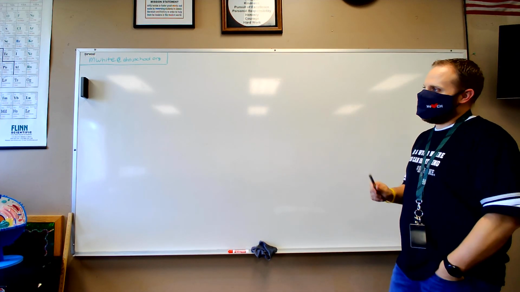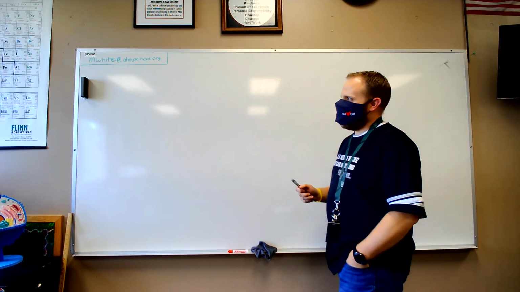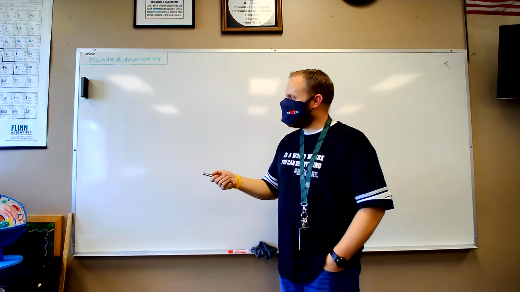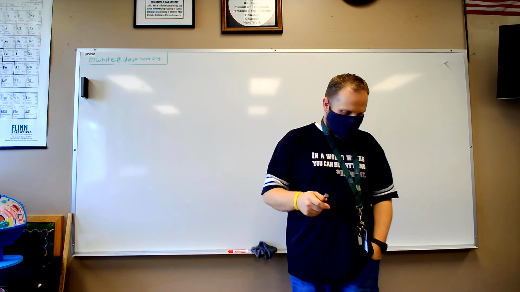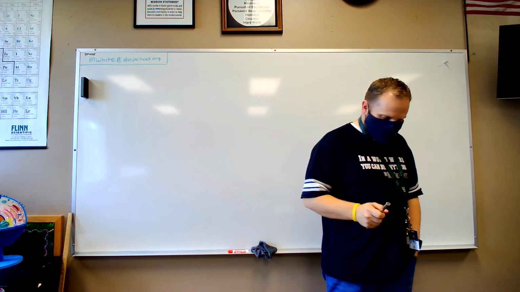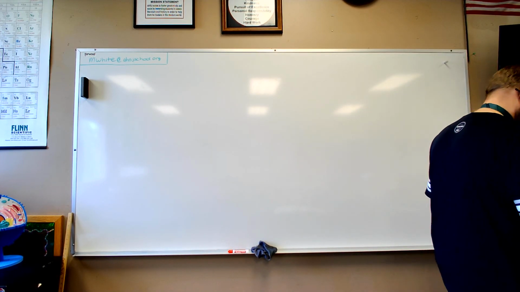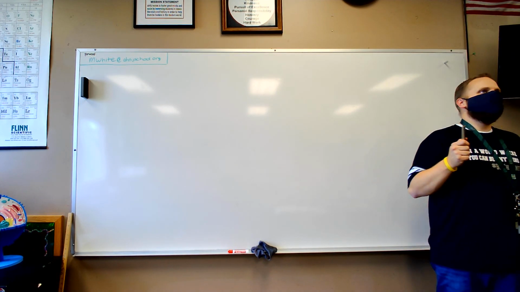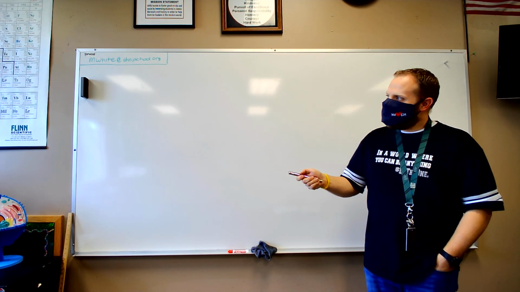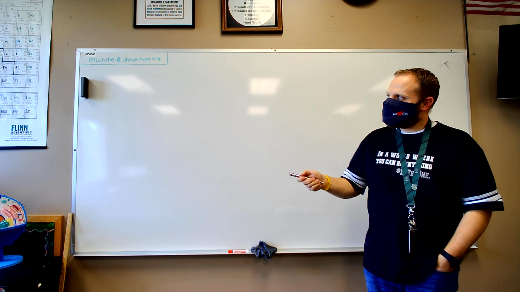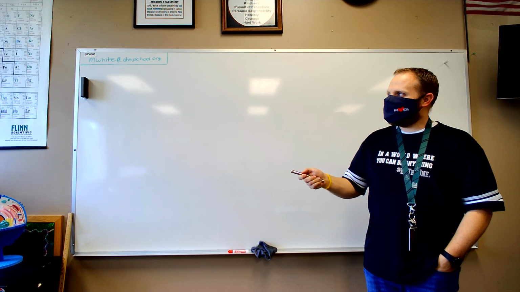Now, I do want to point out these ones down here at the bottom. Okay. They're called the lanthanide series and the actinide series. They do actually belong in the periodic table. If you look right here, you'll see there's a spot for them. So why don't we put them right there?